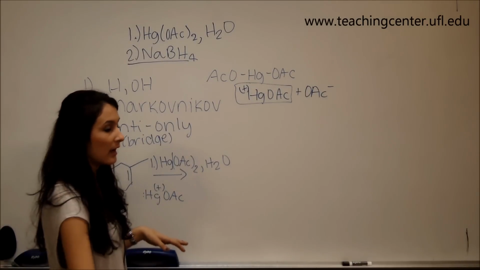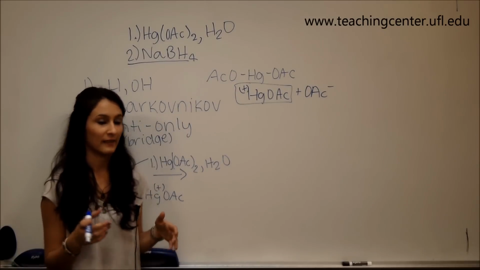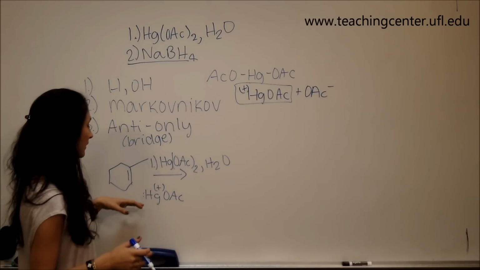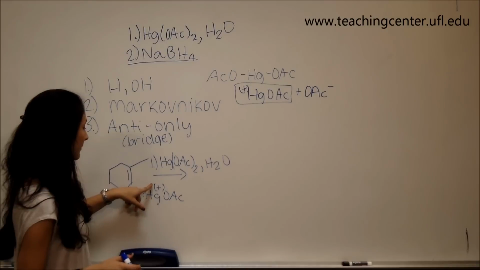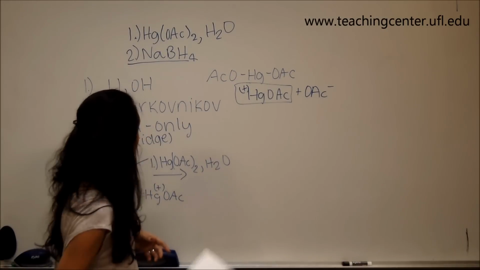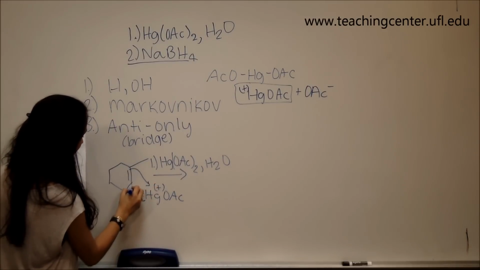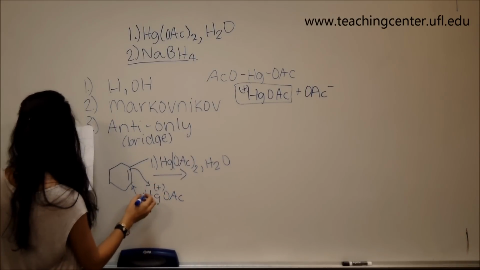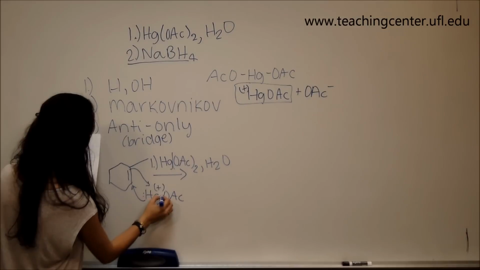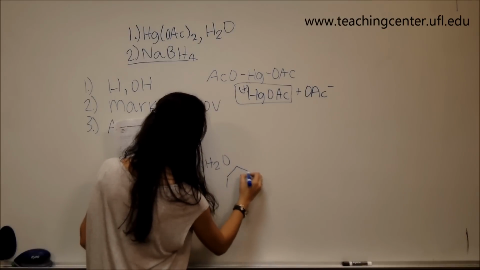So if you remember, and this is a bridged intermediate, so if you remember from like the Cl2 and stuff like that, basically what we were doing was we were attacking the positive center, but then the electrons were coming back and attacking the carbons as well. So it's the same thing that's happening here. This attacks, but then this comes back and attacks it. And then it actually stays bonded to the OAc. So what we get is this.